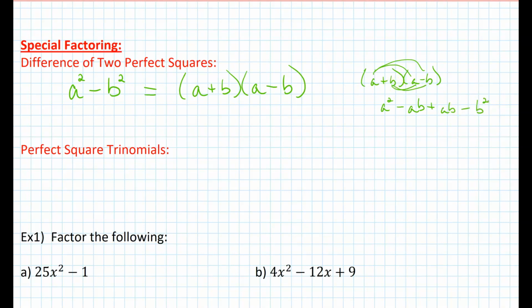And what happens to those two middle terms? They cancel each other out, and that's how we get left with a squared minus b squared. All right, so just remember, when we're factoring, we're just undoing the multiplication.